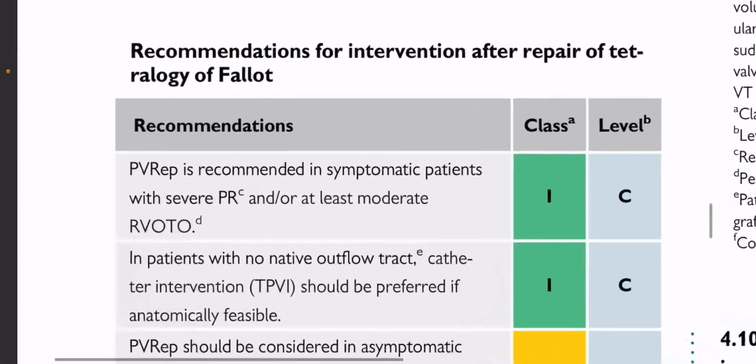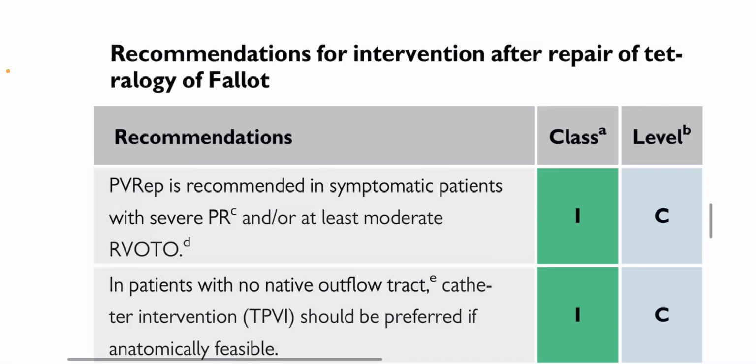Now, recommendations for intervention after repair of tetralogy of Fallot. PVR-EP is recommended in symptomatic patients with severe pulmonary regurgitation and or at least moderate RVOT obstruction.